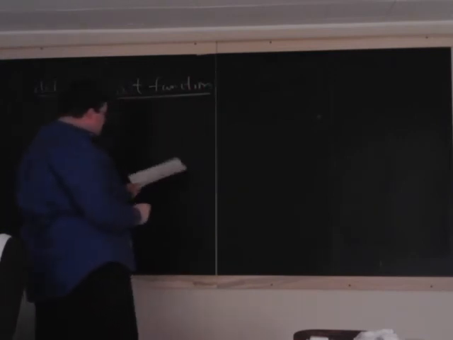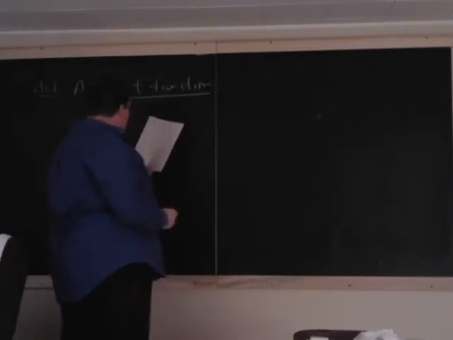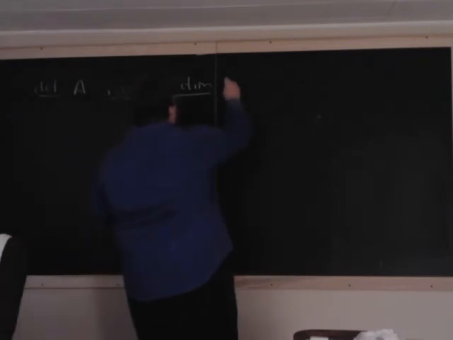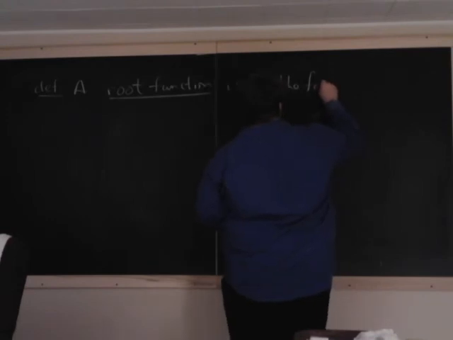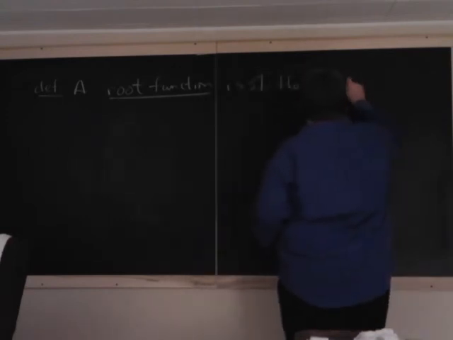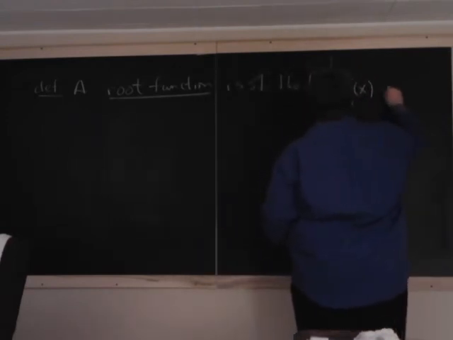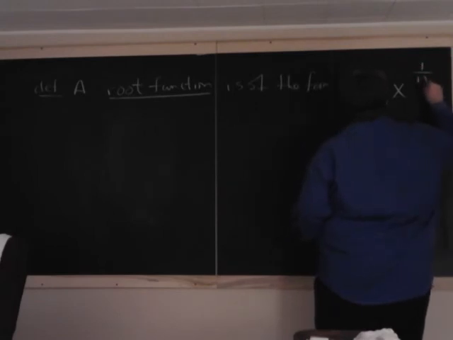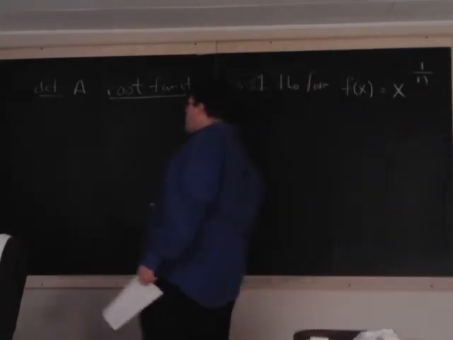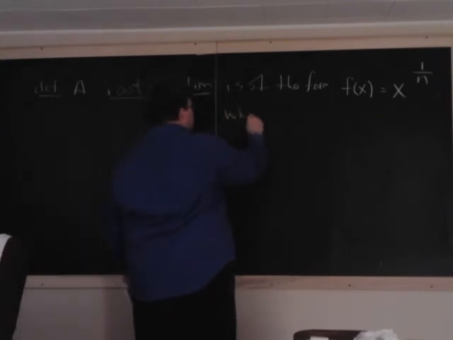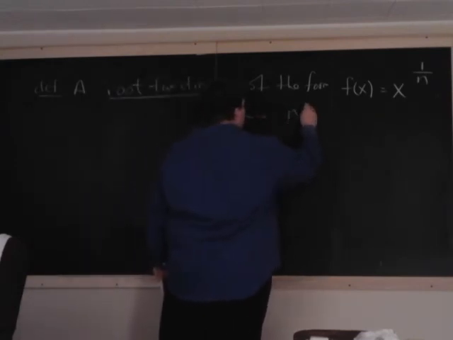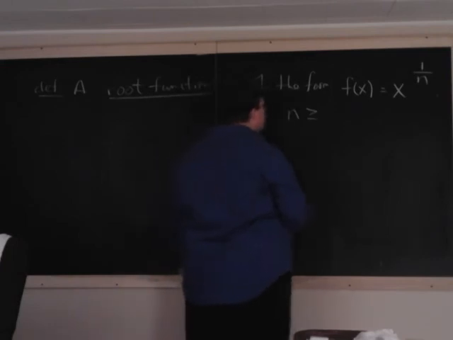A root function is of this form: x to the 1 over n, where n is a positive number. n is not 1 either. We'll assume that x to the 1 is not a root function.